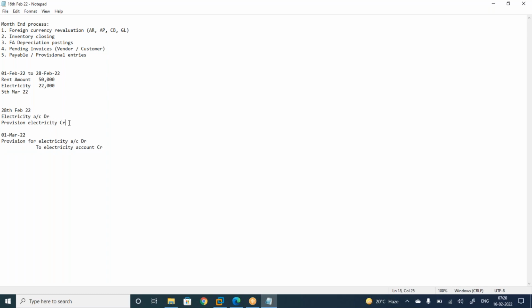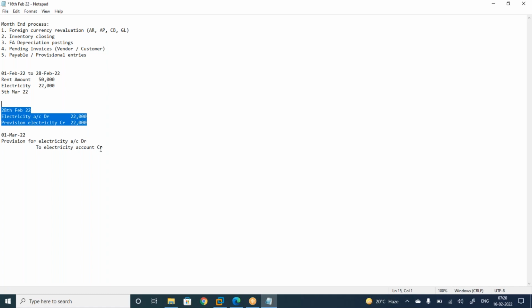But we are booking some expenses in the month of Feb, roughly 22,000, suppose. As per the voucher it is nullifying, and the net effect is zero. But in the month of February we are showing some expenses, so that my profit and loss account statement or income statement will give an accurate balance of the profit.